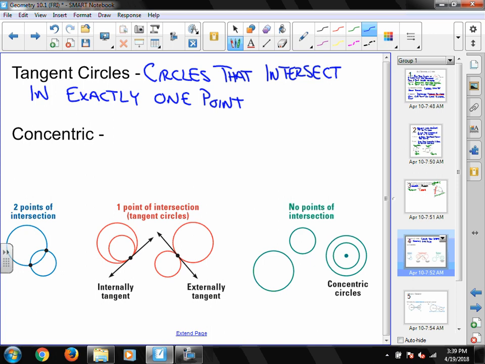And finally, concentric. All that means is that the circles have the same center.